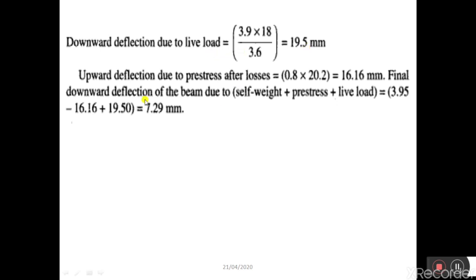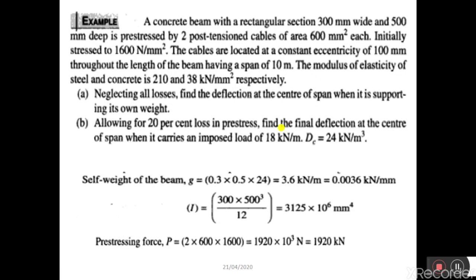He has given that there is a loss of 20%, then what will be the net deflection? Considering upward deflection due to prestress after loss is equal to 0.8 into 20.2. So what is that 0.8? 0.8 is allowing for 20% loss in prestress.